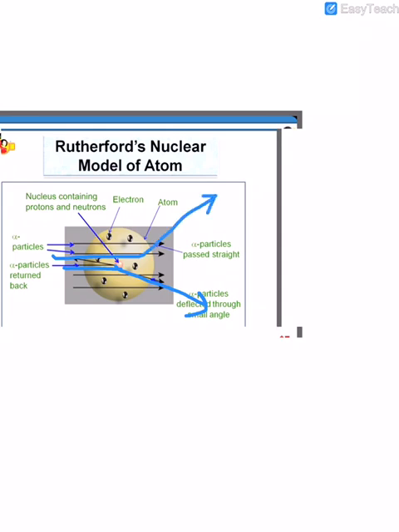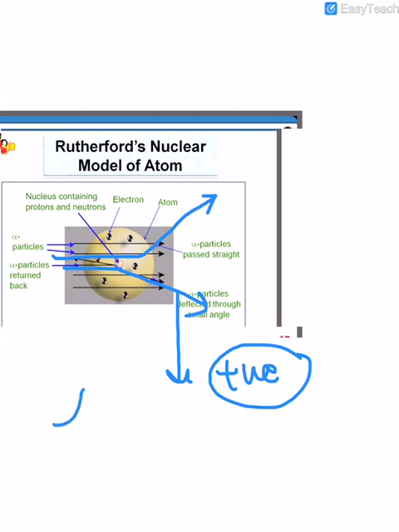From these rays he concluded that there is some positive charge present within the atom, because we know that alpha rays are also positively charged. Positive charges repel each other, so they get deflected. So he concluded that there is some positive body present within the atom.